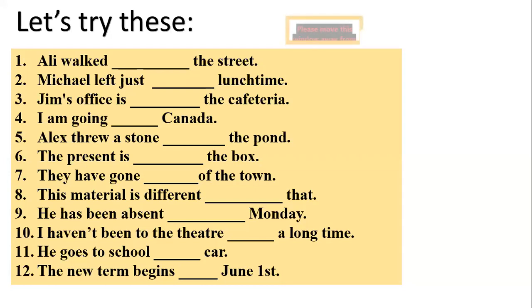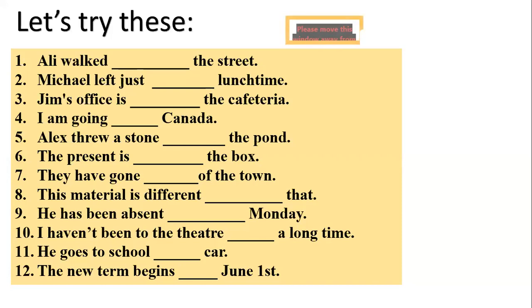I know Ali walked across the street is perfect, but I'm asking you, if I say Ali walked on the street, is that right or wrong? Okay, Zed thinks it's wrong, Anas thinks it's right.